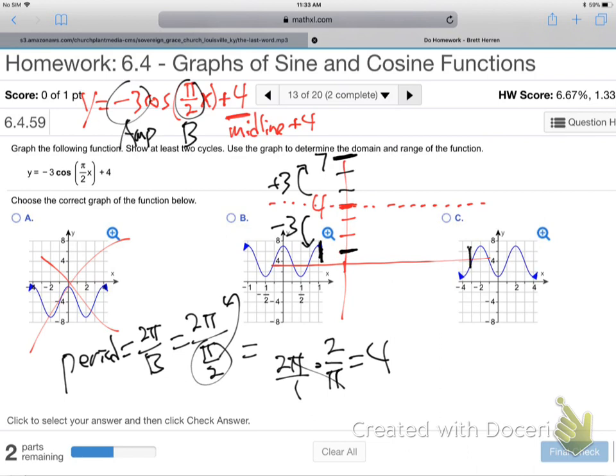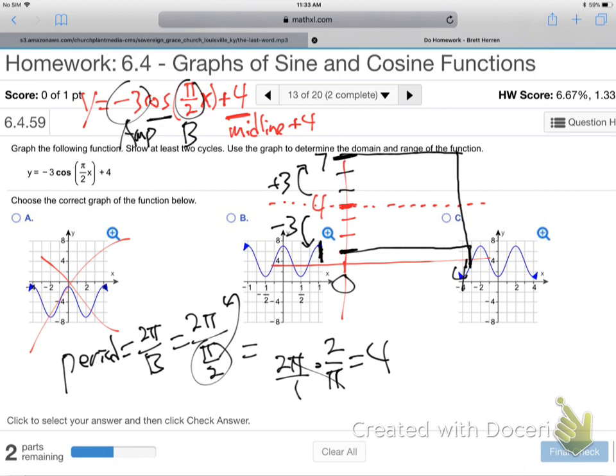So that means over here by 4, it does 1 cycle. Remember that the period is how long till 1 cycle. So I'm going to make a box. From 0 to 4 on the x-axis, 1 to 7 on the y, that box will hold exactly 1 cycle of our graph.